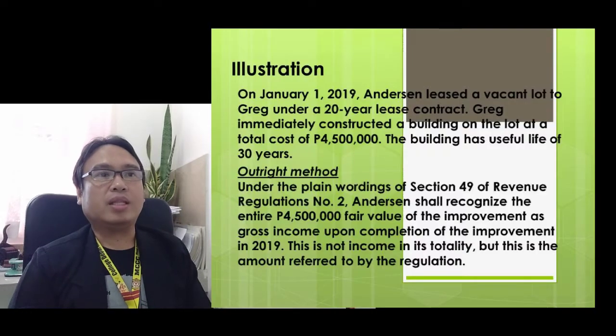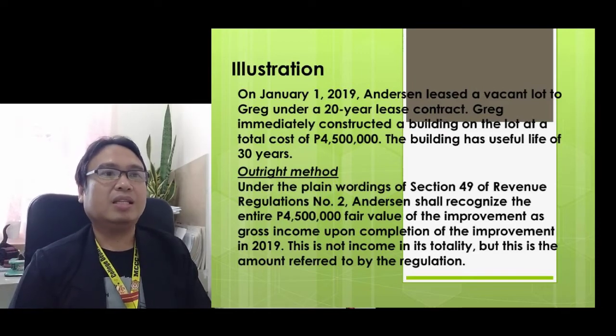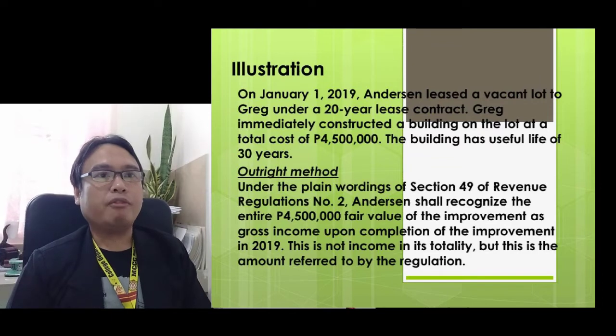On January 1, 2019, Anderson leased a vacant lot to Greg under a 20-year lease contract. Greg immediately constructed a building on the lot at a total cost of 4.5 million. The building has a useful life of 30 years.